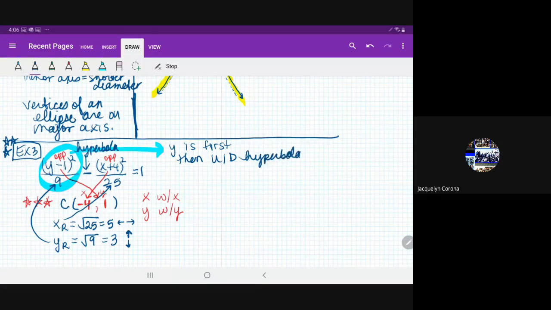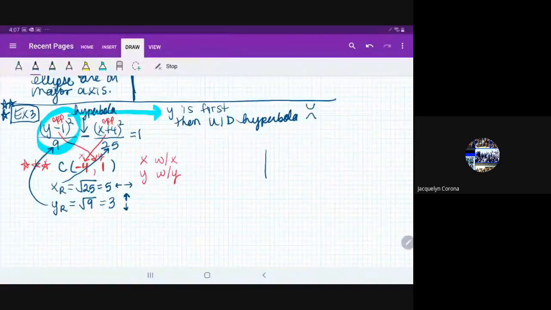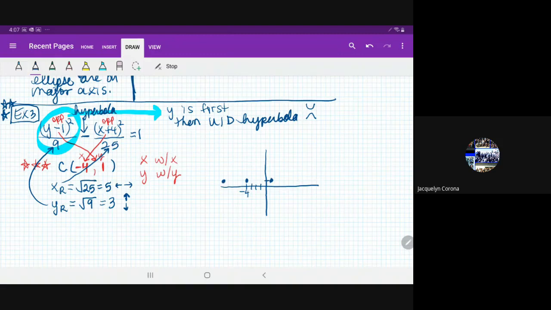So an up and down hyperbola is going to be like this once I draw the picture. Okay, so let's draw the picture. So -4, 1. X radius is 5, so go to the right 5, go to the left 5, 3 up, 3 down.